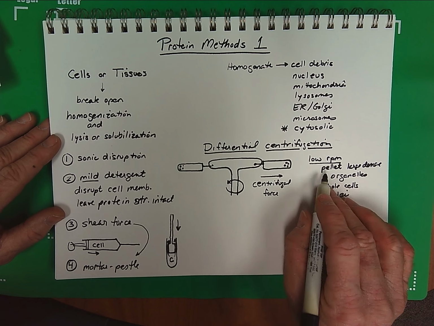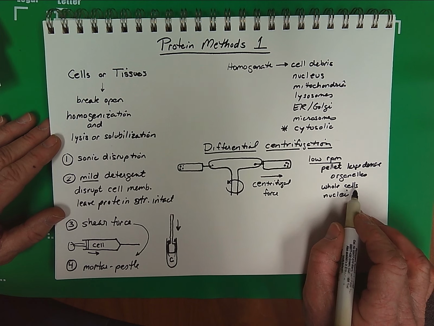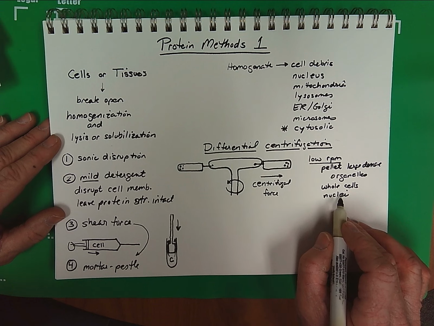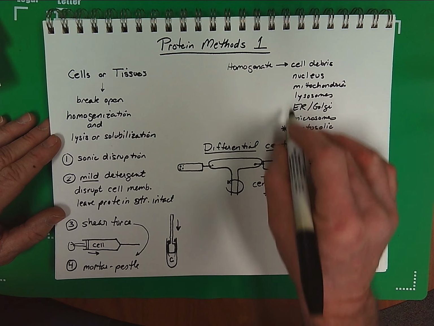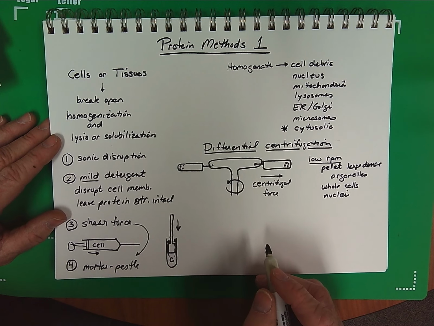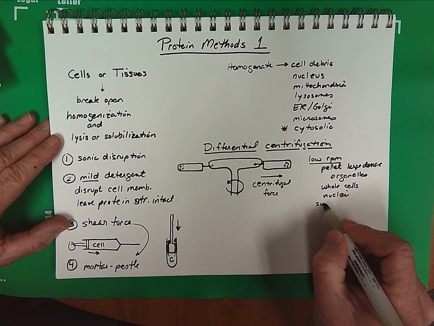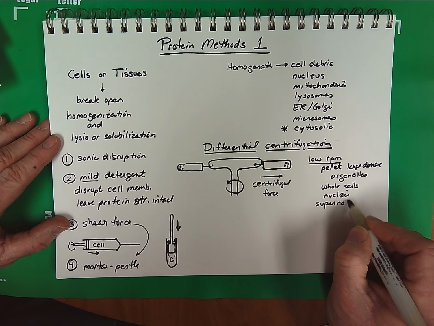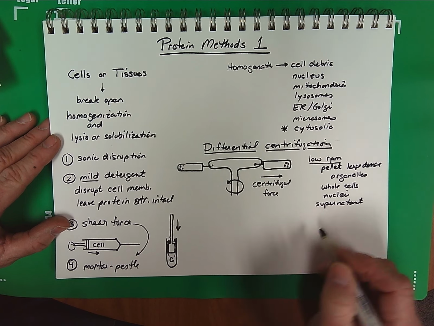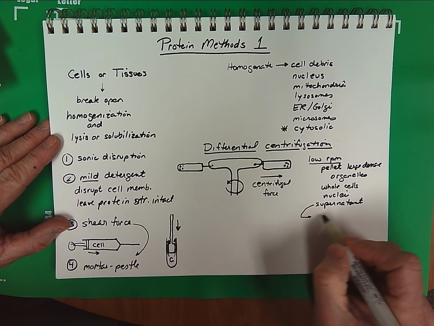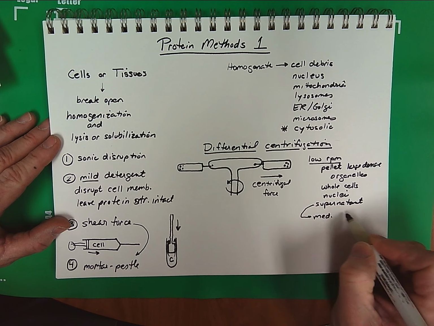So what we will have is a pellet containing whole cells and nuclei, and we will have a supernatant with everything else. What we can then do is take the supernatant, which is the soluble portion, and we can subject that to medium RPMs.